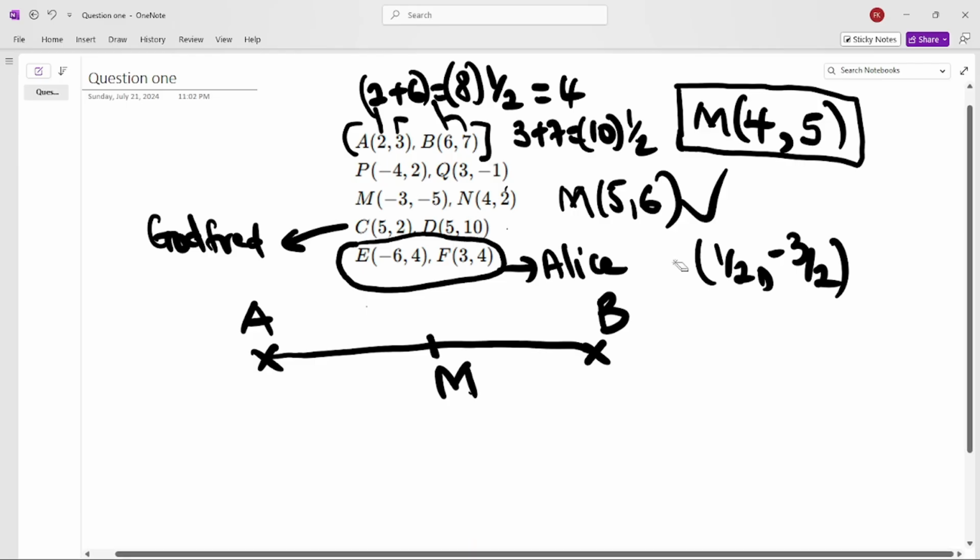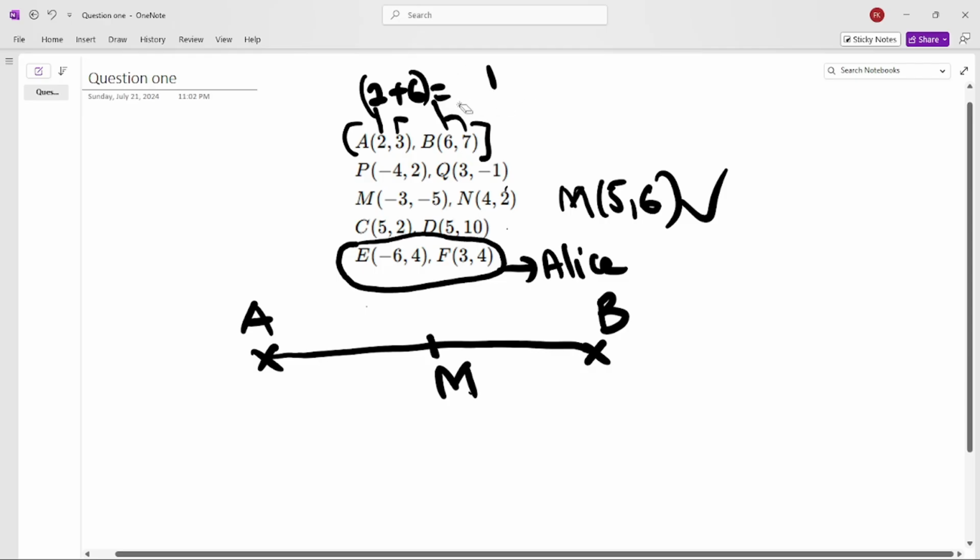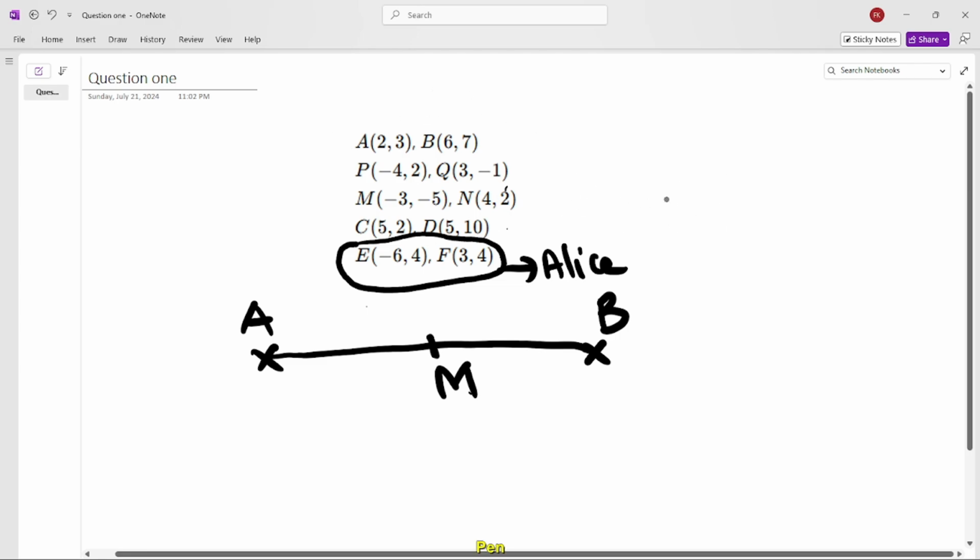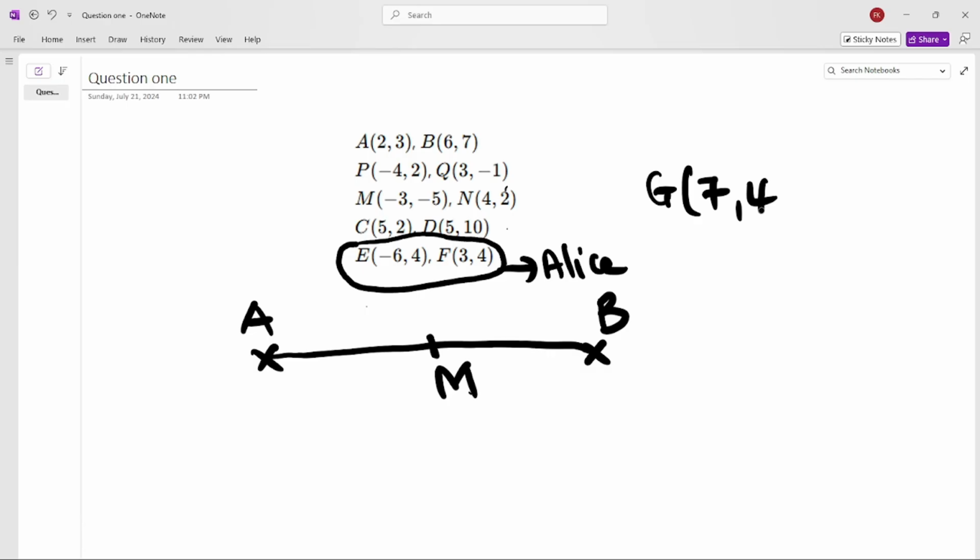Let me clean this side very well. Sir, please, I got G into bracket 7 and 4.